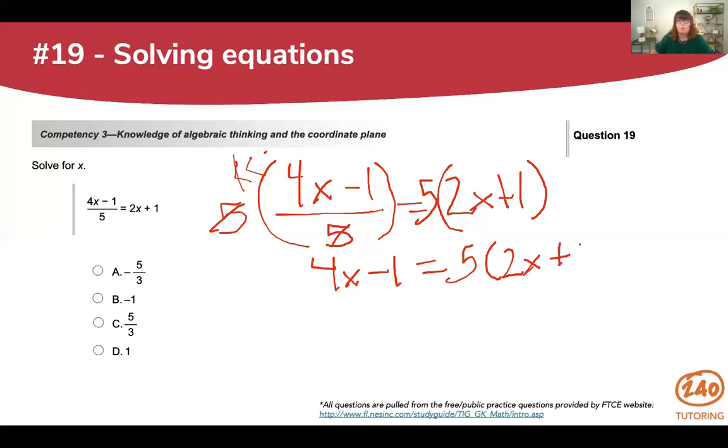Now I need to distribute that 5 with these parentheses. So 5 times 2x would be 10x, and 5 times 1 would be 5. So I have 10x plus 5. And over here, I still have my 4x minus 1.